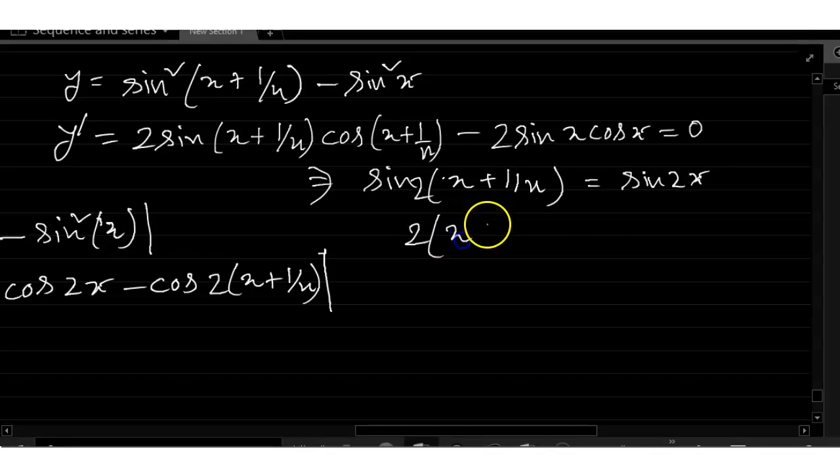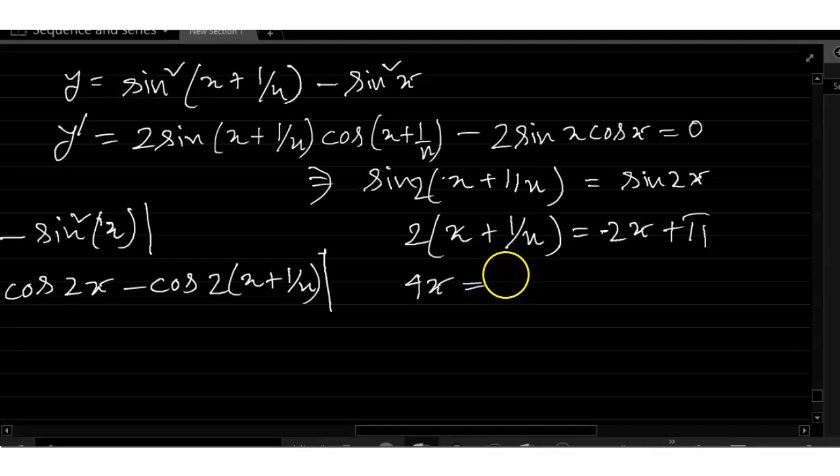So 2 into x plus 1 by n equals pi minus 2x, so 4x equals pi minus 2 by n, and after that 2x is equal to pi by 2 minus 1 by n.